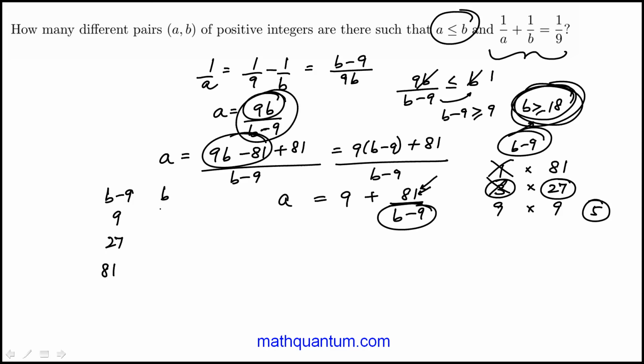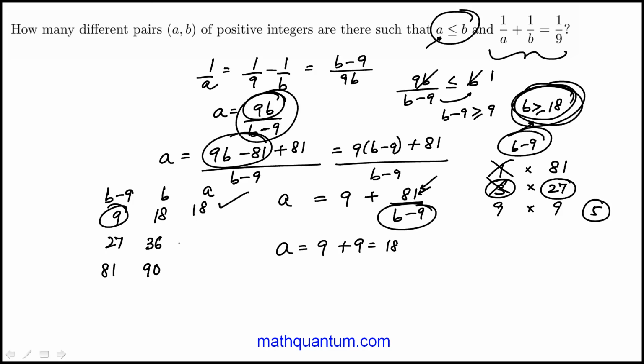In these cases, B would be 18, 36, I'm just adding 9, and 90. And the value of A would be, in this case, 9 plus 9, or 18. And this is fine because A can be equal to B. So that's my first set.